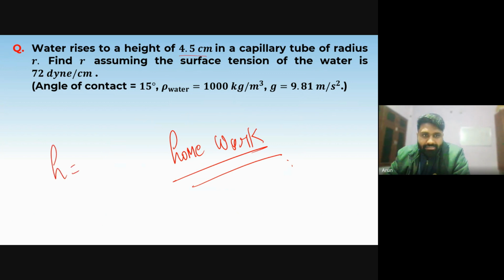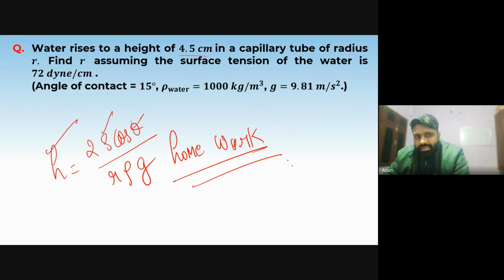This formula h is equal to 2S cos theta divided by r rho g. So height is given to you, surface tension is given to you, angle of contact is given to you. Although the density is also given to you, gravity you know, only r you have to calculate. A very simple question.